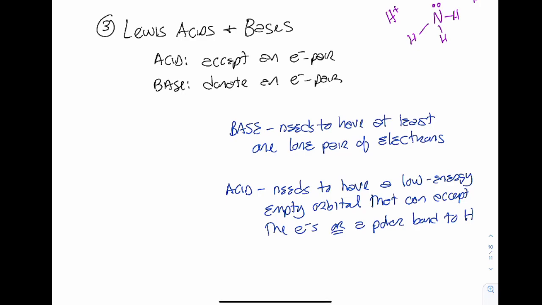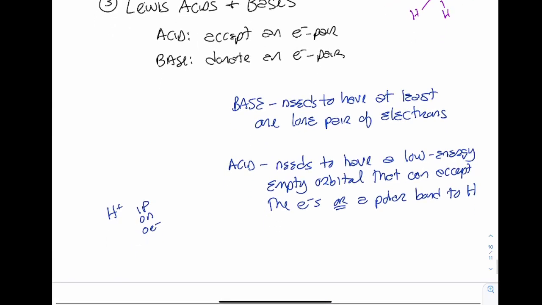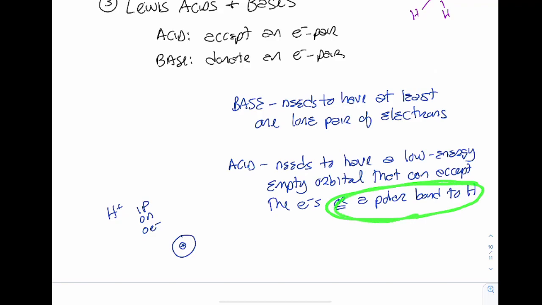Because if it has a polar bond to hydrogen, we can break that bond, and then I have H plus, which is an empty orbital, right? Remember H plus, I have one proton, 0 neutrons, and 0 electrons. So the s orbital for hydrogen is empty. There's no electrons in that s orbital. So if I can break a bond to hydrogen and have H plus by itself, then I do have an empty orbital. So essentially this part is a way to get to this part if you don't have it.